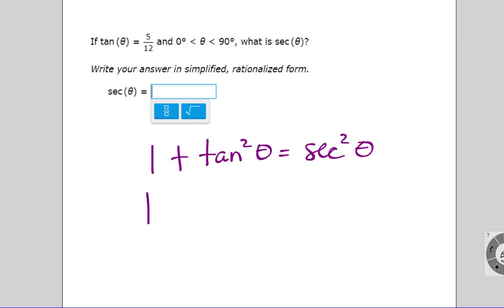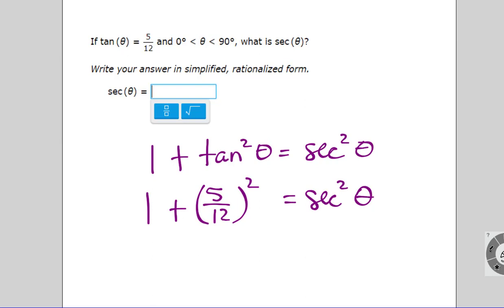Okay? So I can use that to help me figure out what, in this case, secant is. So tangent is 5/12. We're going to square that and add it to 1. That's going to give me secant squared theta. Okay? So 5/12 squared is 25 over 144. And of course, I'm going to think about 1 as 144 over 144.